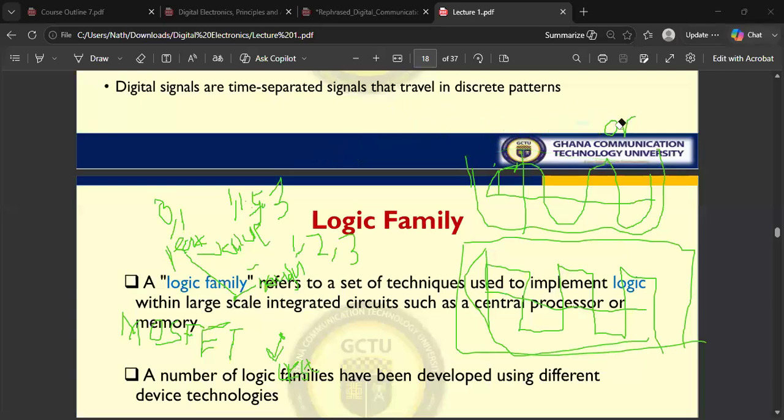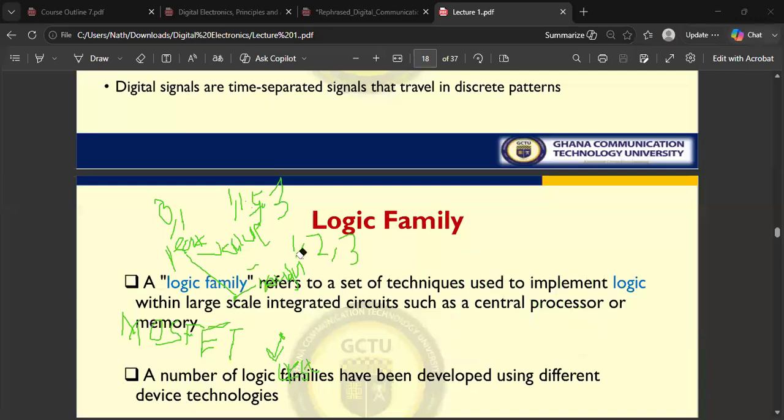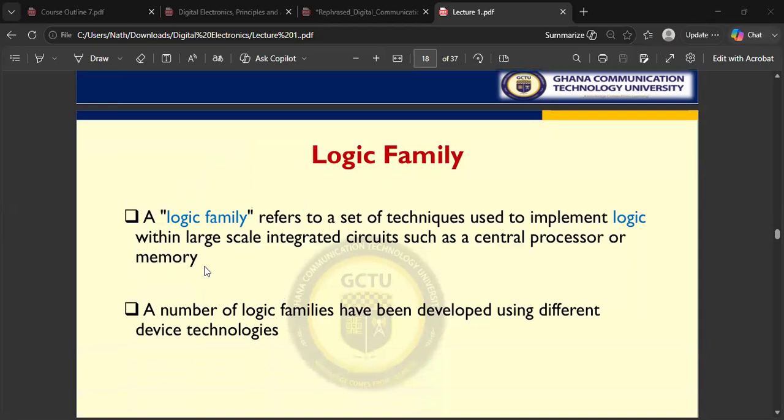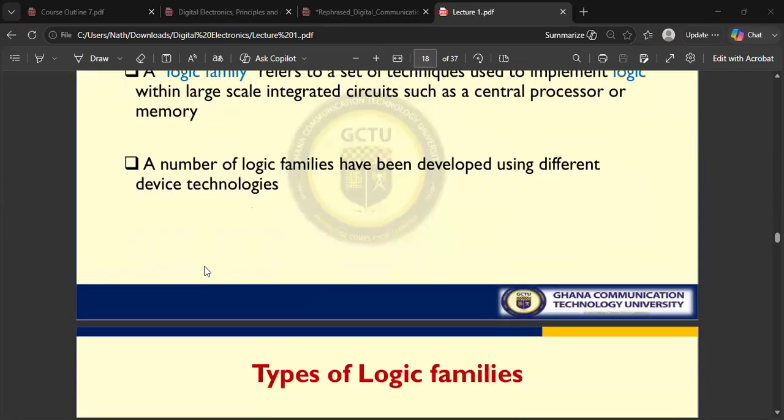So like I said, we look at the ones that are built from the BJT, the bipolar junction transistors, then the ones that are built from MOSFET. MOSFET is a voltage controlled transistor, and the bipolar is a current controlled transistor. For the BJT, we have this type.